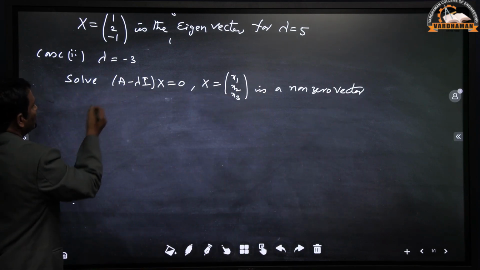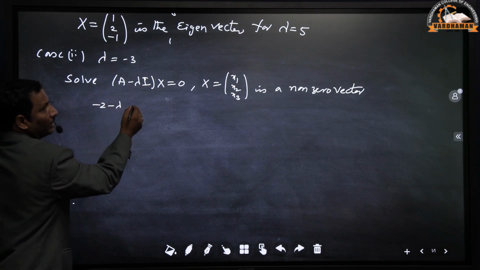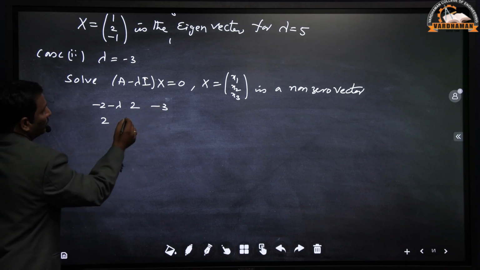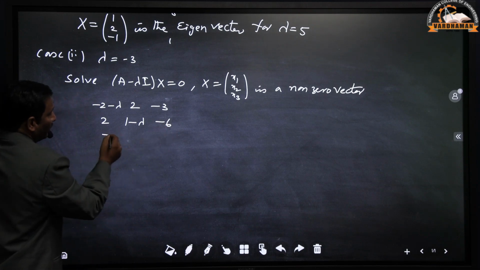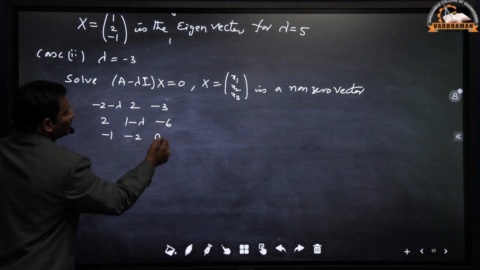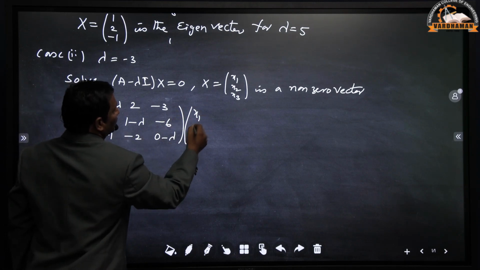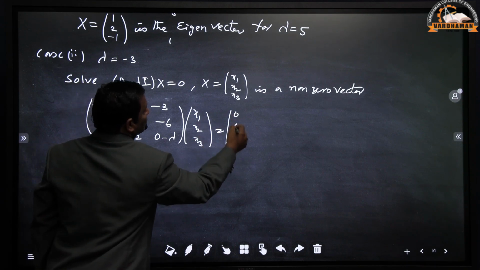Write the homogeneous system as minus 2 minus lambda, 2, minus 3; 2, 1 minus lambda, minus 6; minus 1, minus 2, 0 minus lambda, into the vector x1, x2, x3 equals to 0, 0, 0.